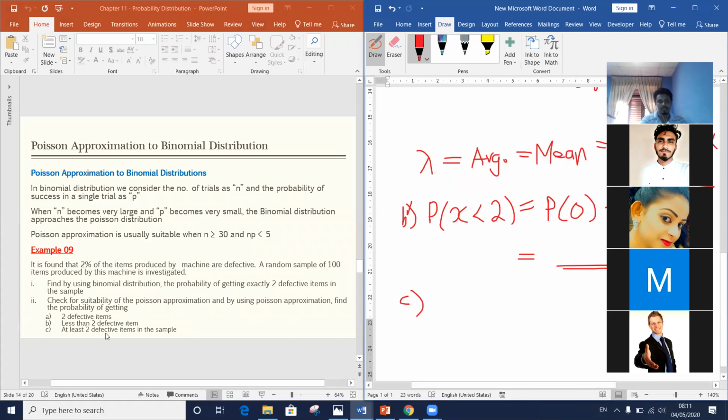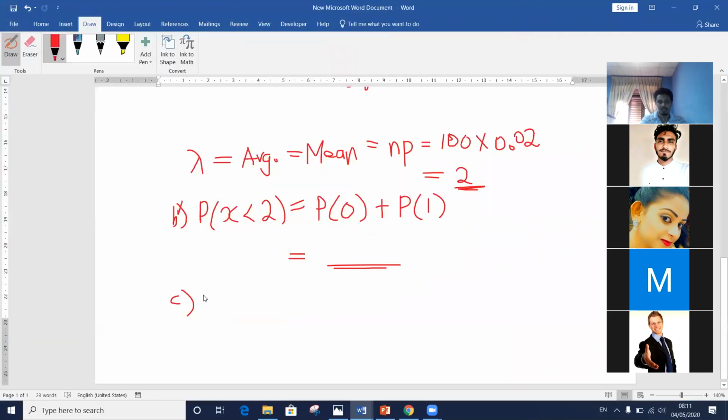For part C, at least 2 defective items in the sample. At least 2 defective items in the sample කිව්වොත් මොකද්ද? Probability of x being what?